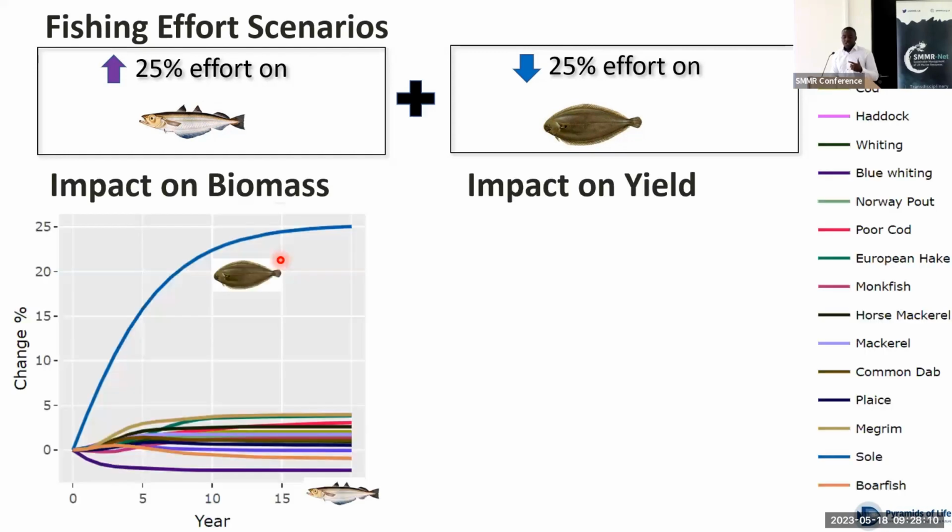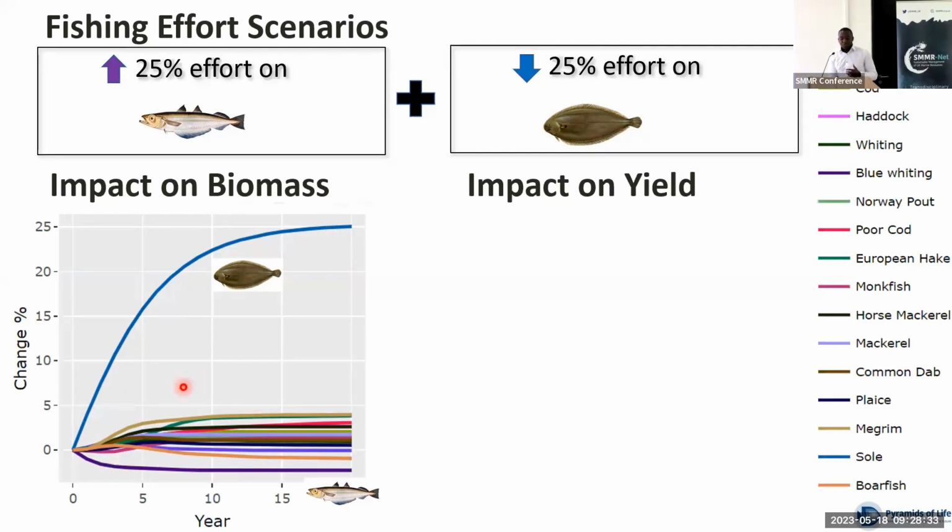Let's just see. If you look at the impact on the biomass, since we reduced the effort on the sole, its biomass increases up to around 25% at year 20. But for blue whiting, its biomass reduces.